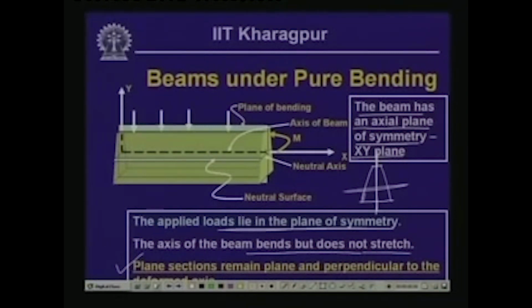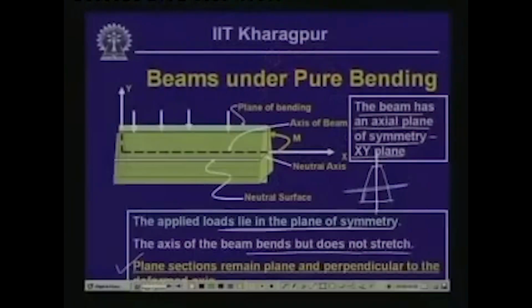That means, when the beam is subjected to loads, any cross section we take at any location of the beam remains plane, it does not deform, and it becomes perpendicular to the deformed axis. This is the main assumption while deriving the flexural equation.